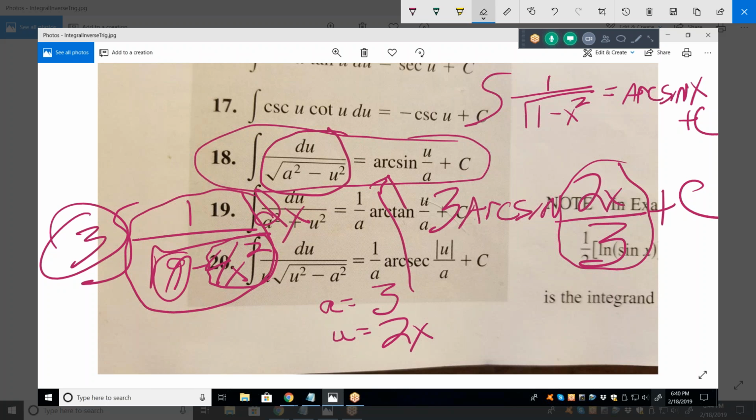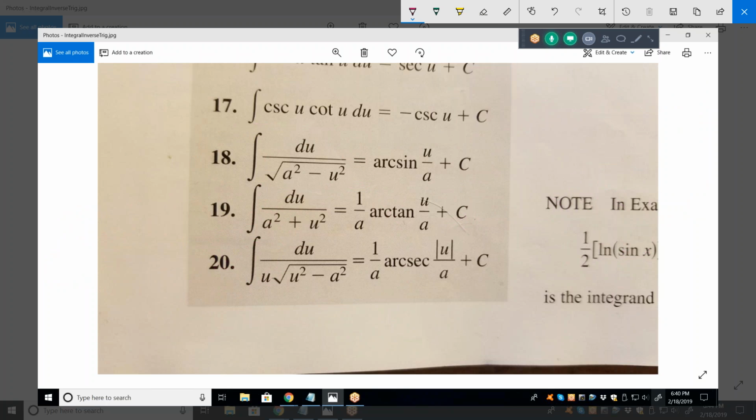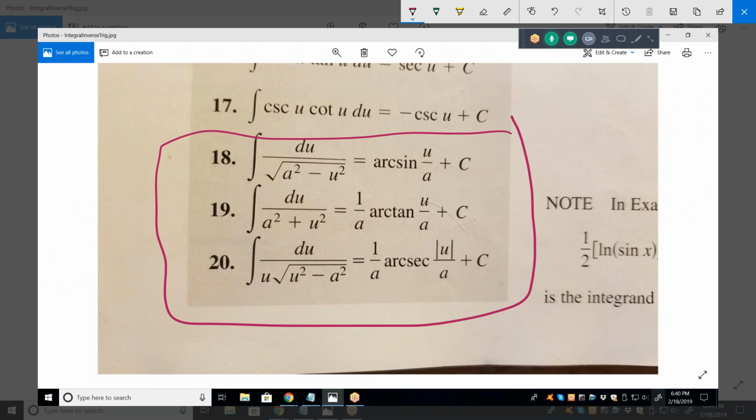So let's apply it. Well, we're limited on time here. These 3 are the ones you have to know. I don't think they're going to make it any harder than that. The arc sine, the arc tan, and the arc secant.